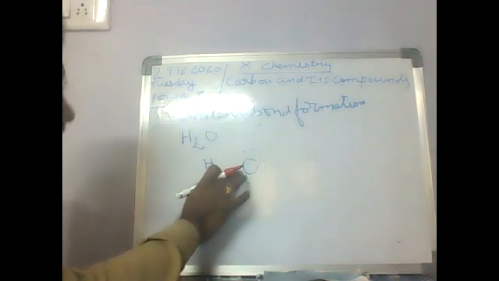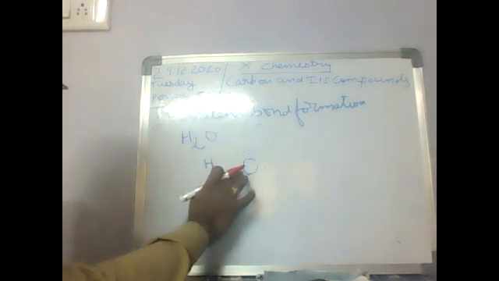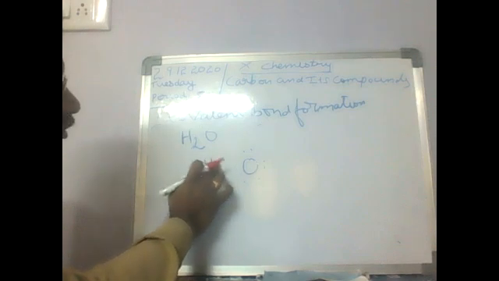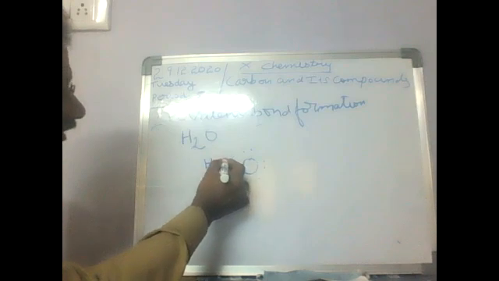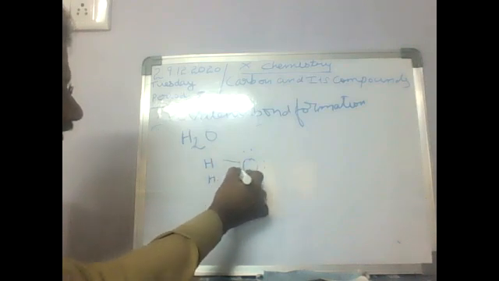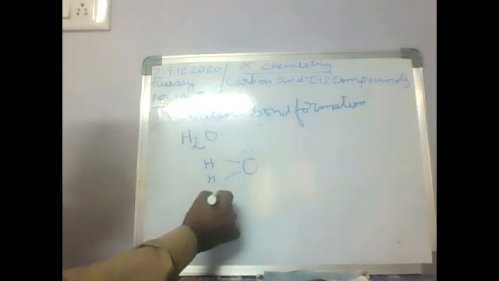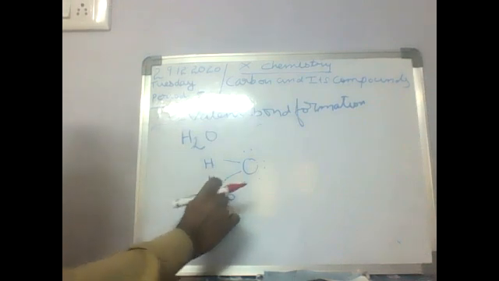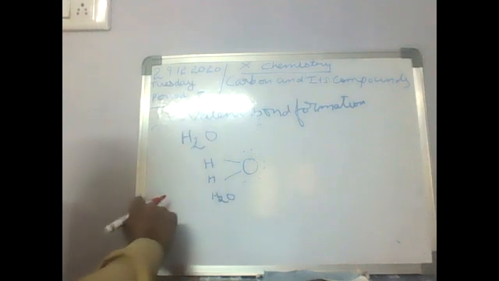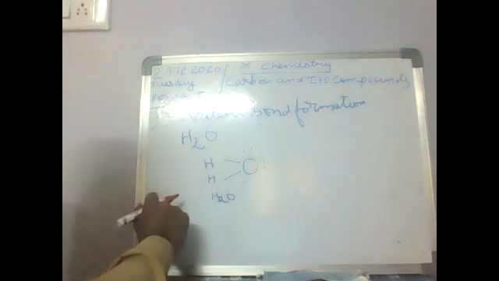Now it requires 2 electrons to complete the octet, and hydrogen requires 1 electron. So they will share the electrons like this, and it forms H2O. Like this, the sharing of electrons is called a covalent bond.